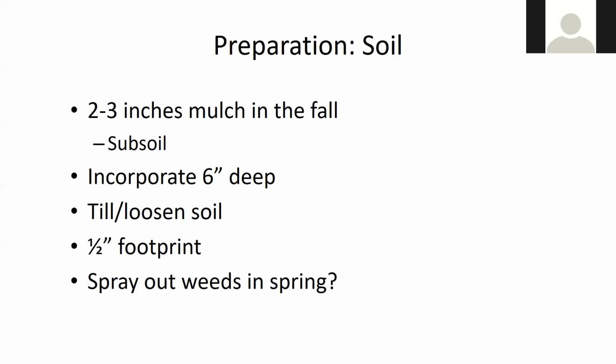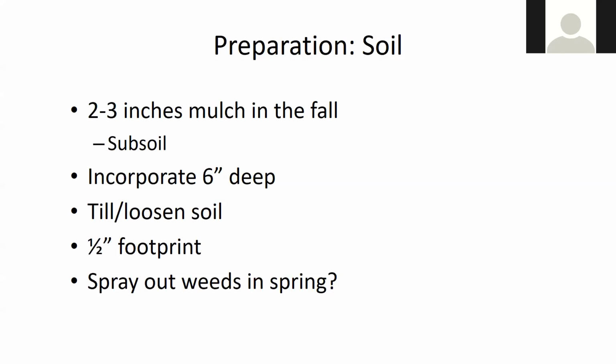Okay, so one thing that often happens is people will want to haul in topsoil, and it's just not a good thing to do. We'll cover that a little bit more later. But if you can afford it and you have a schedule that will allow it, the best time to put in mulch or compost is in the fall, so that you till that in and let it sit all winter and break down and do its thing.